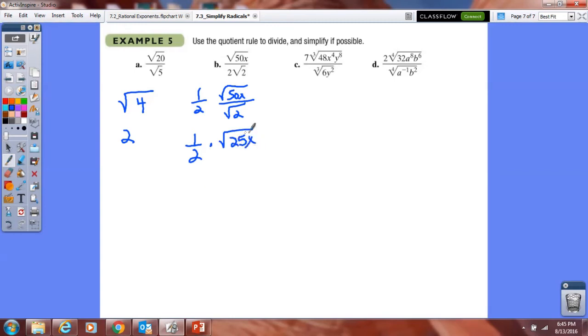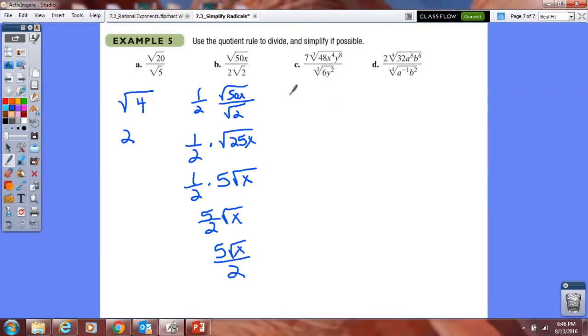Now notice that 25 is a perfect square. We can say that's going to be 5, and x is just going to stay the square root of x. And then if we multiply those together, that's 5/2 square root of x, which we're going to put the radical on the top with the 5.